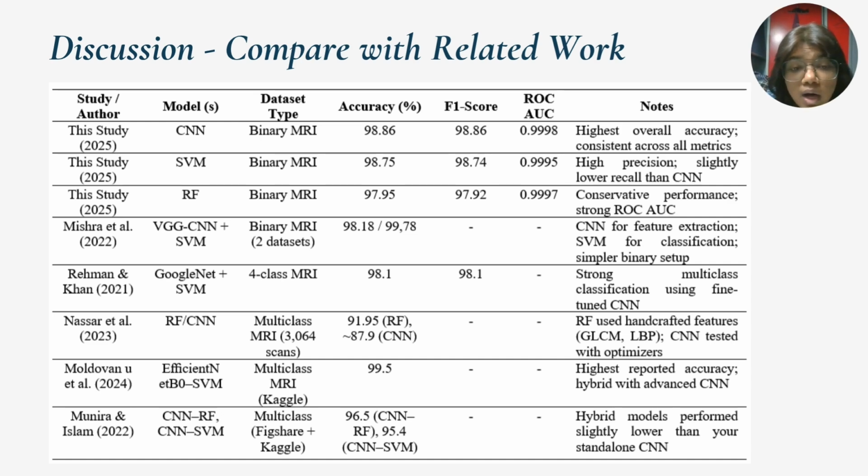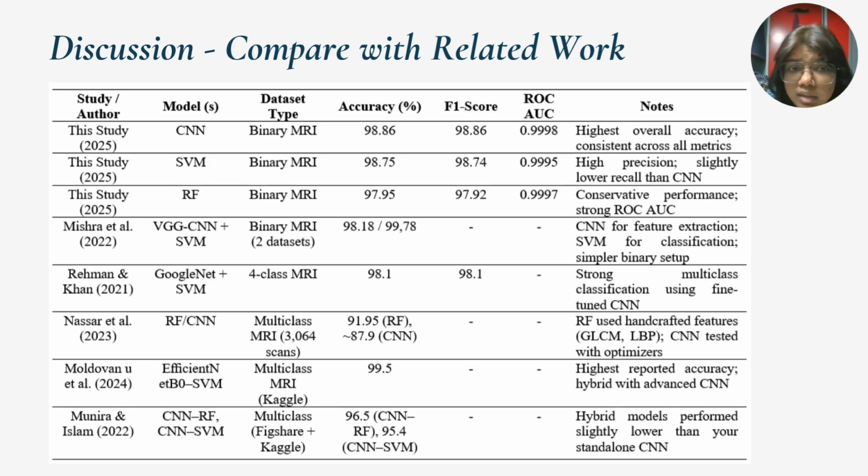When compared to other related work, first by Mishra, they achieved up to 99.78% accuracy using a VGG-CNN and SVM hybrid, but this was on a simpler binary classification task.